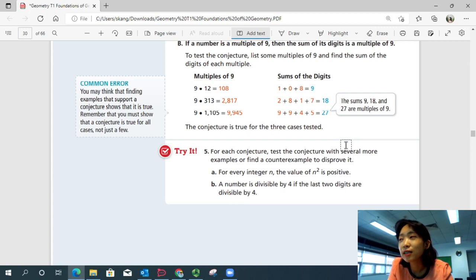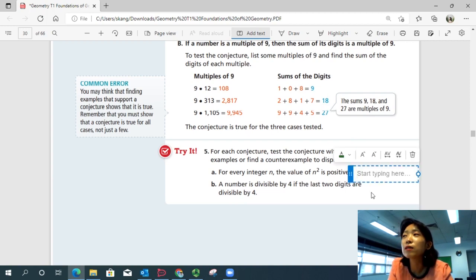Yes. Is 0 a positive number or a negative number? Neither. So can we use that? Yes. Yes, we can use 0. So all negatives and all positive integers will make n squared positive.